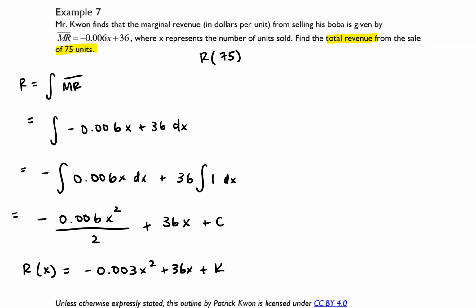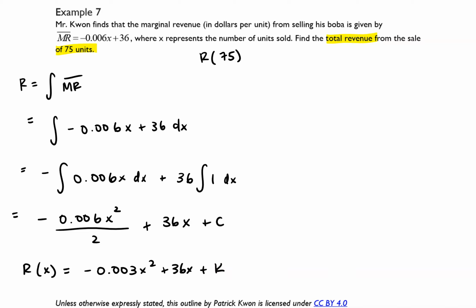So we have to figure out what this constant of integration is. And we need to rely on the fact that if you did not sell any units of boba, then your revenue is going to be $0 because you're not selling anything. So we're relying on the fact that R of 0 is equal to 0. And that's going to help us figure out k.